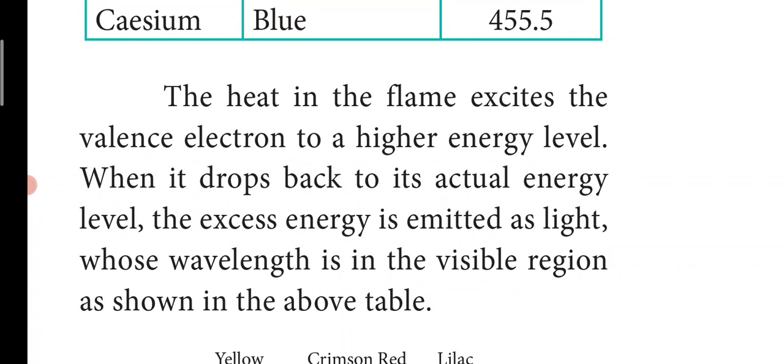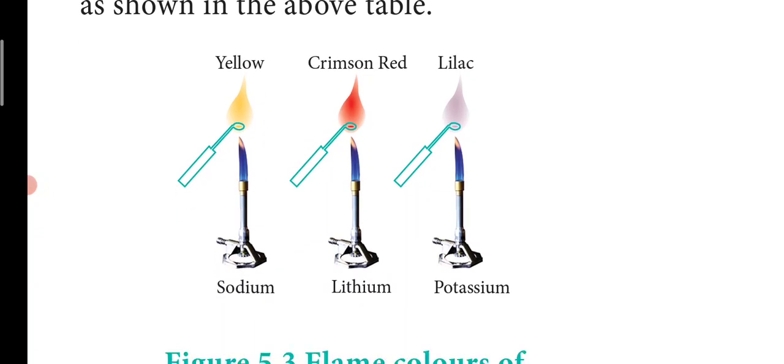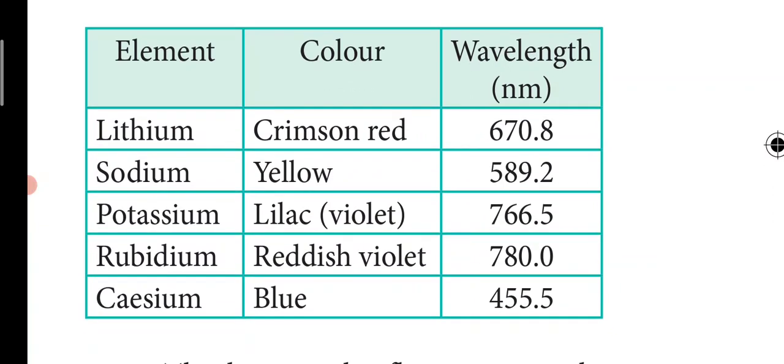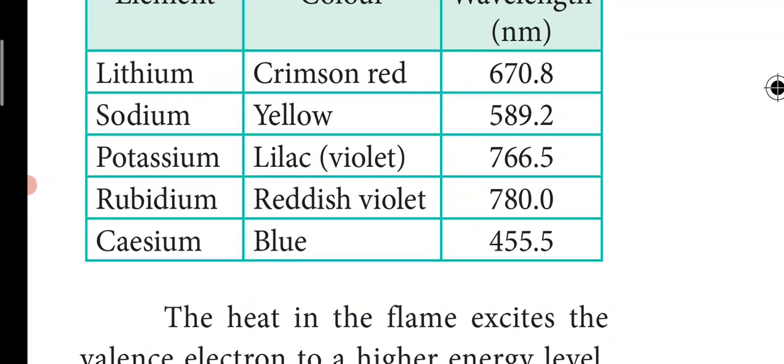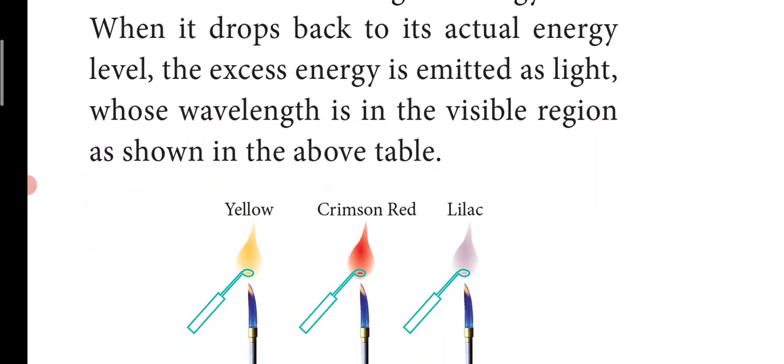The extra energy is emitted as light whose wavelength is in the visible region as shown in the above table. The wavelengths in nanometers are in our visible region, so we are able to see the colors. Do you understand? So when we heat, electrons jump from the lowest orbital to the highest orbital.